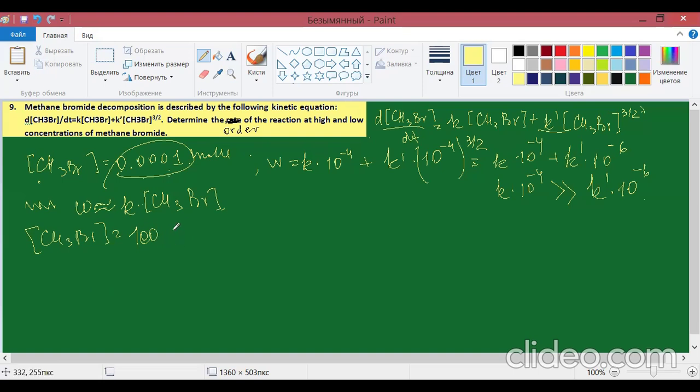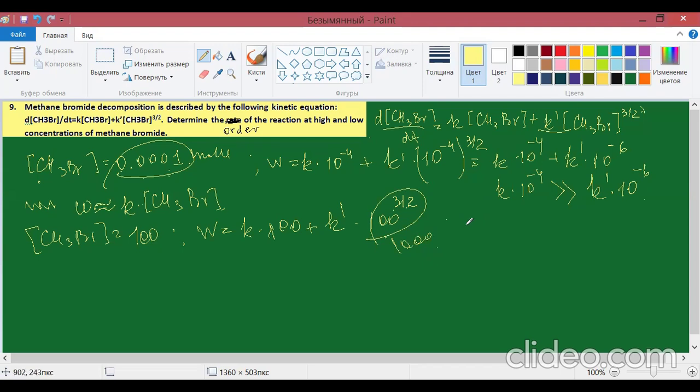So 100, in this case, W is equal to K times 100 plus K prime times 100 raised to 3 halves. So 100 raised to 3 halves is equal to 1000.